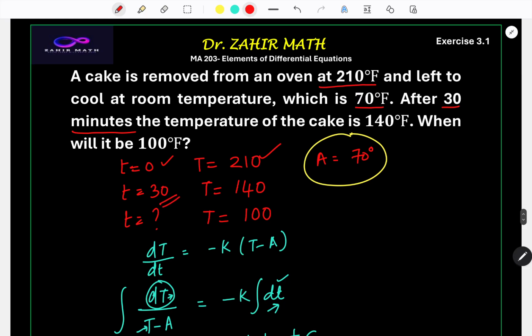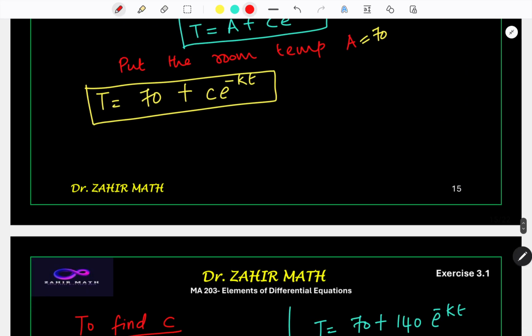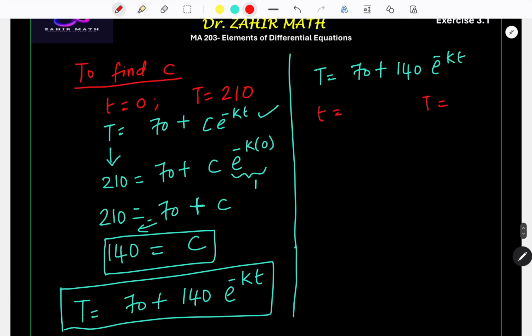T is equal to 140 when t is 30. So this is 140 equals 70 plus 140 e power minus k times 30, right?